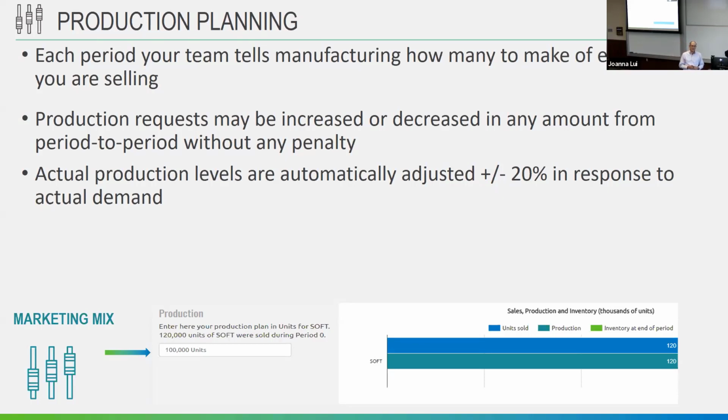They can also make massive changes year to year with no penalty. So for example, you could ask for 1 million of them one year and 0 the next, and it doesn't matter, or vice versa. But I want to talk about the plus or minus 20% a little bit and make sure that everybody understands that one.